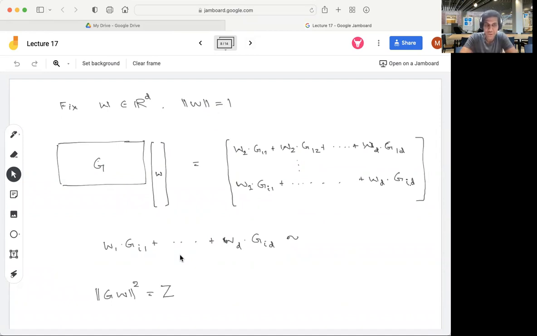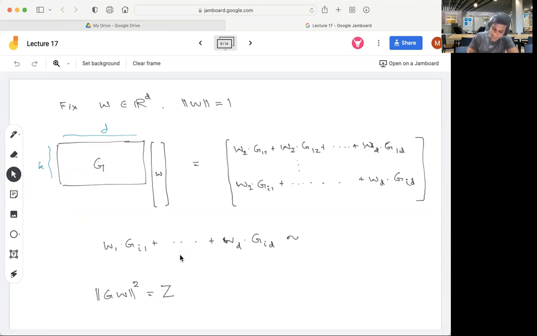And we are looking at G times w. w is in d dimensions, G has k rows and d columns, so G times w is in k dimensions. And we are studying probabilities over the choice of the entries in G. So every entry of G is a random variable. So every entry of this vector G times w is also a random variable.